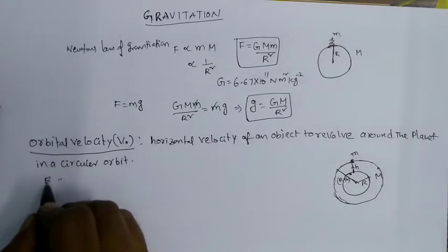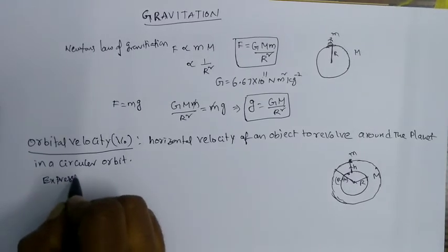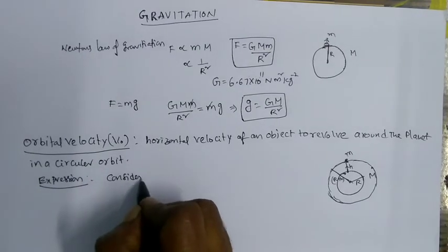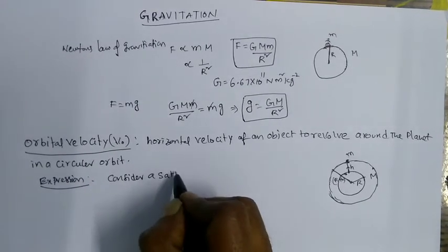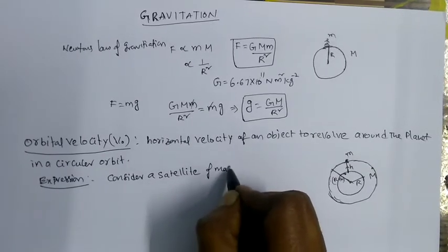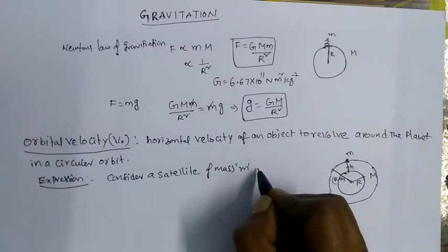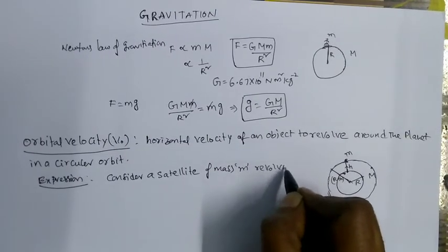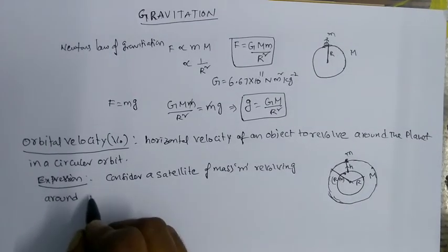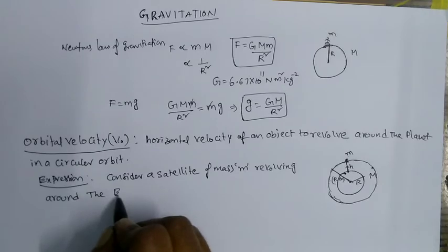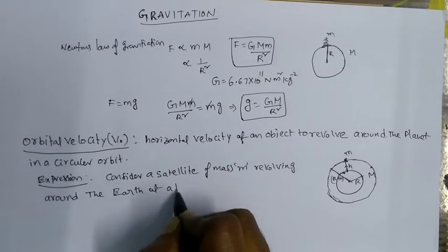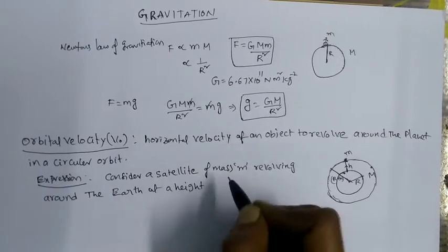That is, to get the expression, consider a satellite of mass small m revolving around the Earth at a height h.